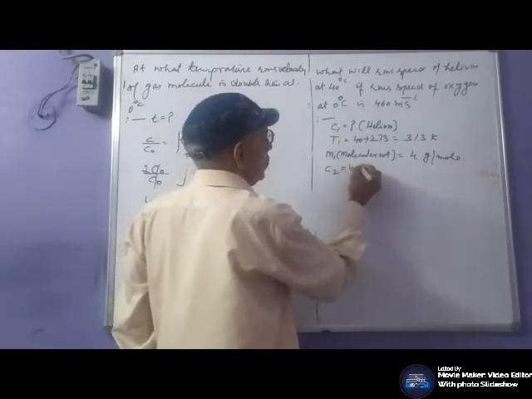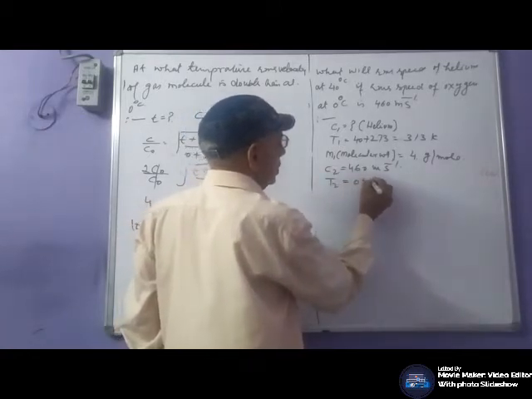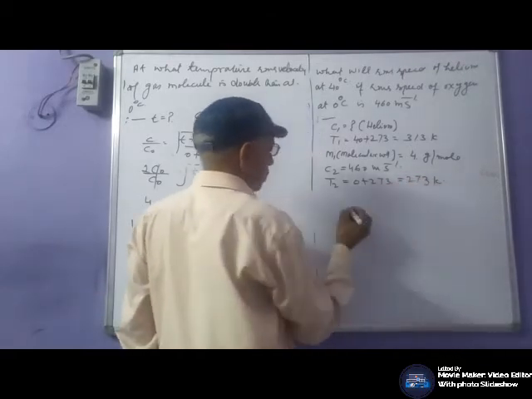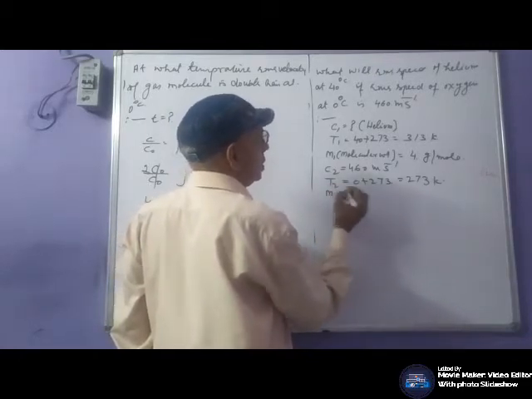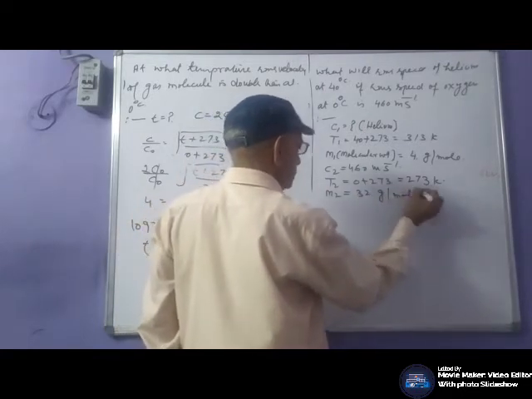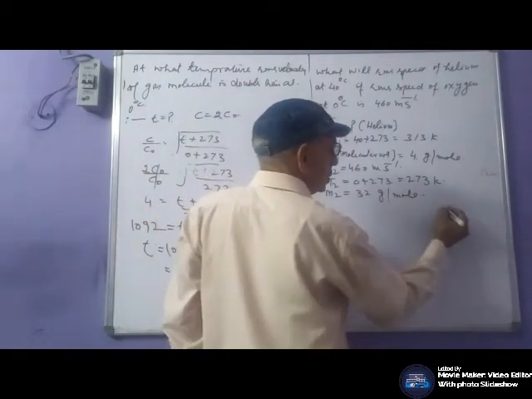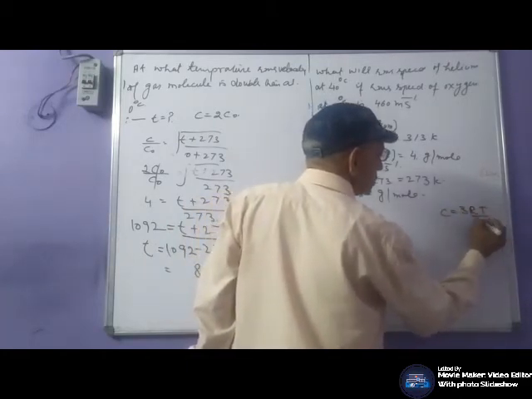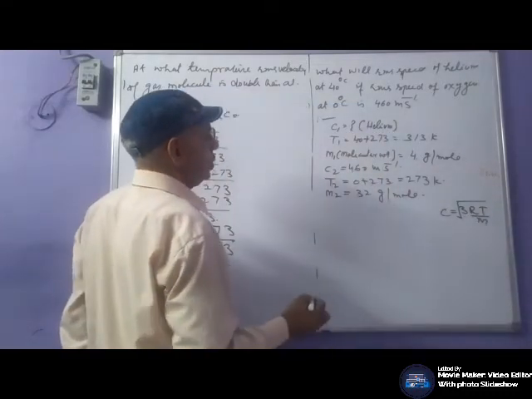For oxygen, C2 is 460 meters per second, T2 is 273 Kelvin, and M2 is 32 grams per mole. We know this thing. We want to calculate C1.